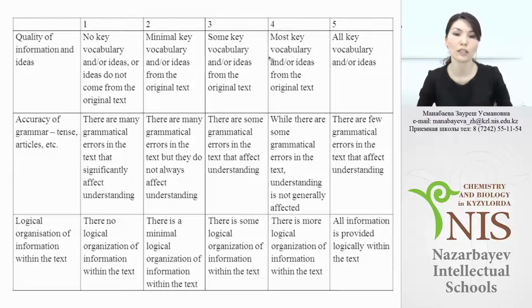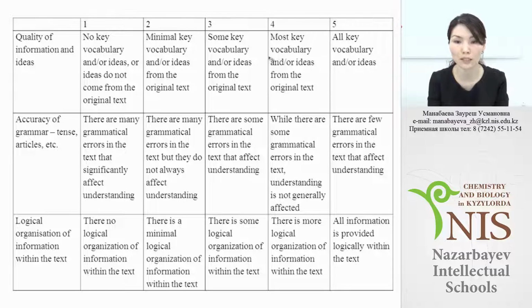It's very important to also include the accuracy of the grammar, tense, articles, whatever you aim for your students to achieve. So we can start from: there are many grammatical errors in the text that significantly affect understanding of the listeners. There are many grammatical errors in the text, but they do not always affect understanding.